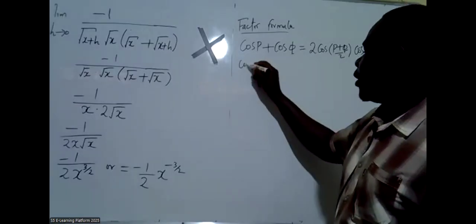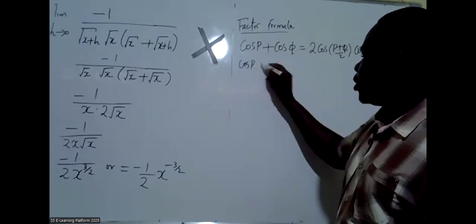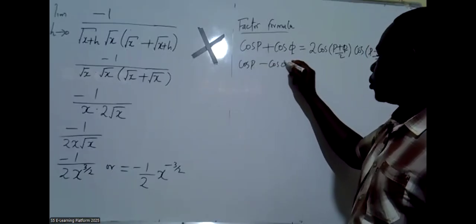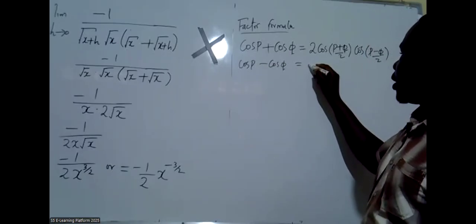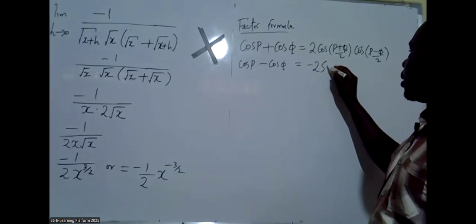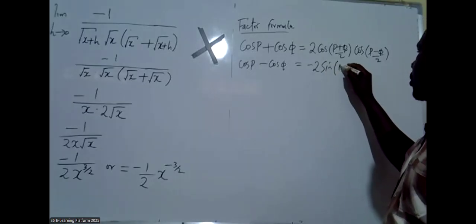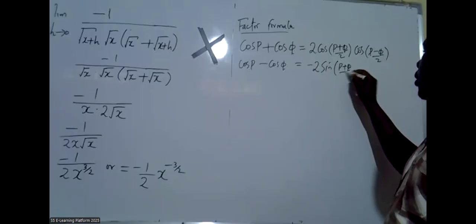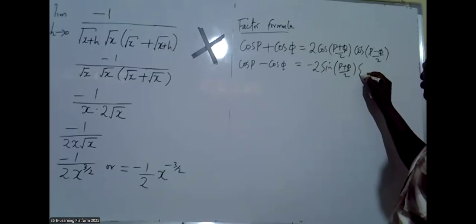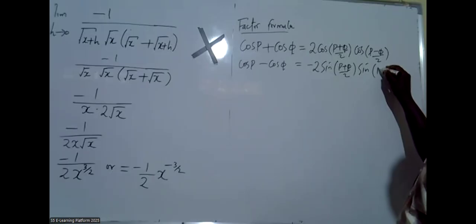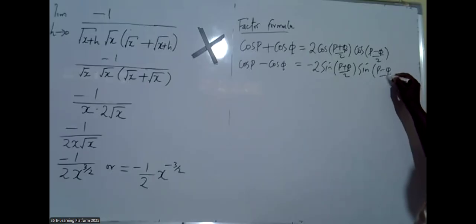If I have a difference of 2 cosines, cos P minus cosine Q, we get a negative 2 sine. The first angle, you add P plus Q divided by 2. The last one, you subtract P minus Q and then divide by 2.